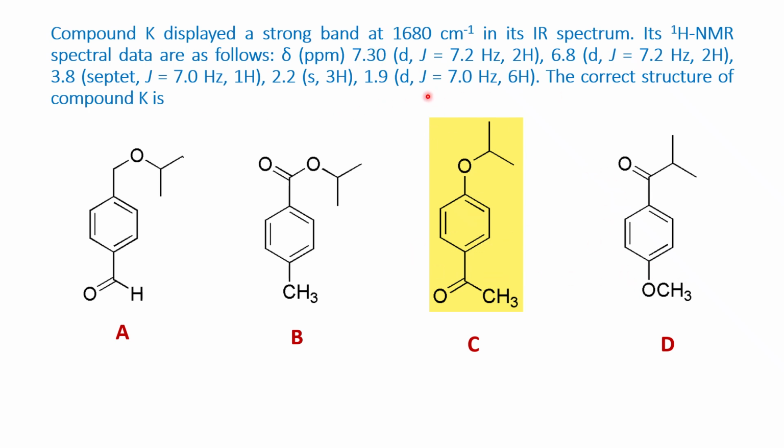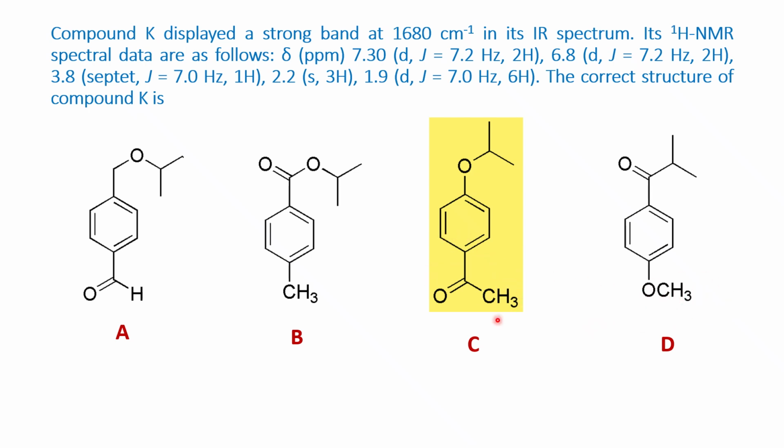In this particular molecule, we see that at 2.2, we get a singlet. The singlet will be seen either for the methoxy group or the acetate group. So the question is, where will the acetate group appear in an NMR spectrum? Where will a methoxy group?